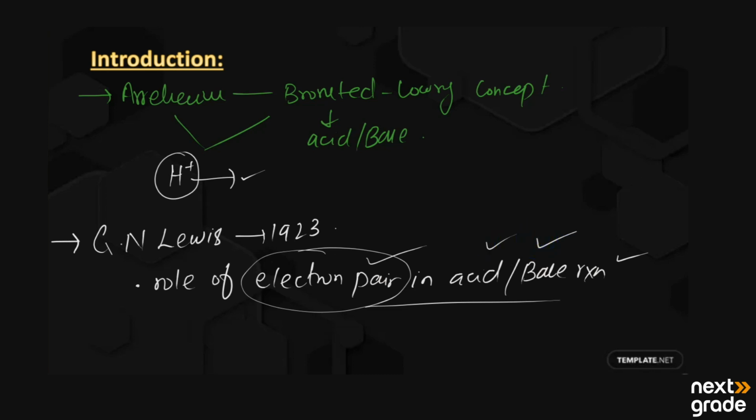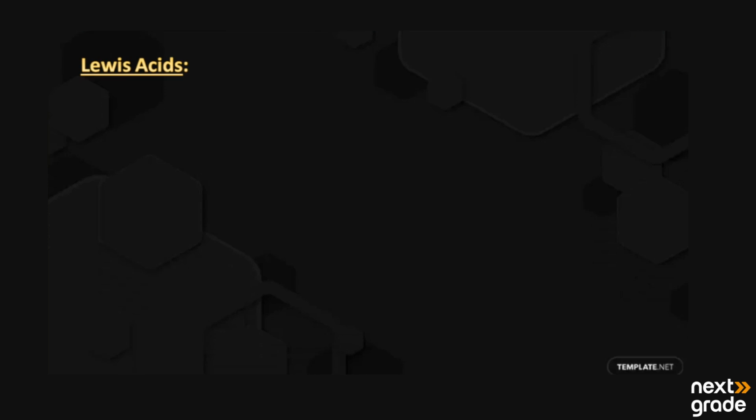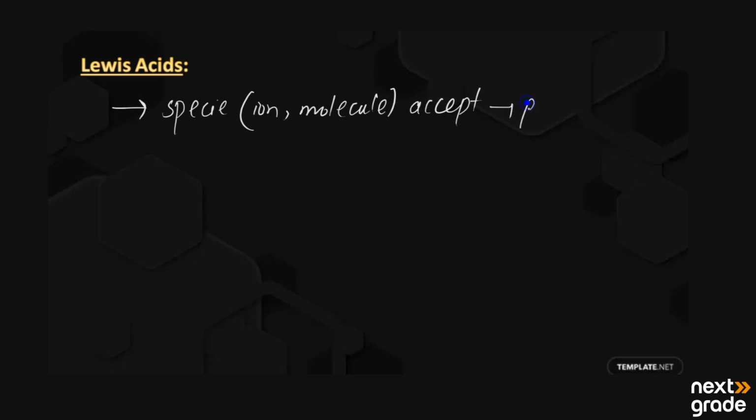So according to him, let's see what the Lewis acids are. A Lewis acid is a species, and that species may be an ion or a molecule, that can accept a pair of electrons.